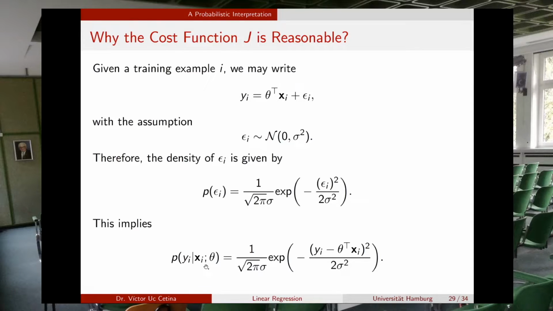Now, in terms of the notation, you see a semicolon here. That means that whatever comes after this will be parameters of our probability distribution. So in this case, x and y are random variables, and theta is a vector of parameters.